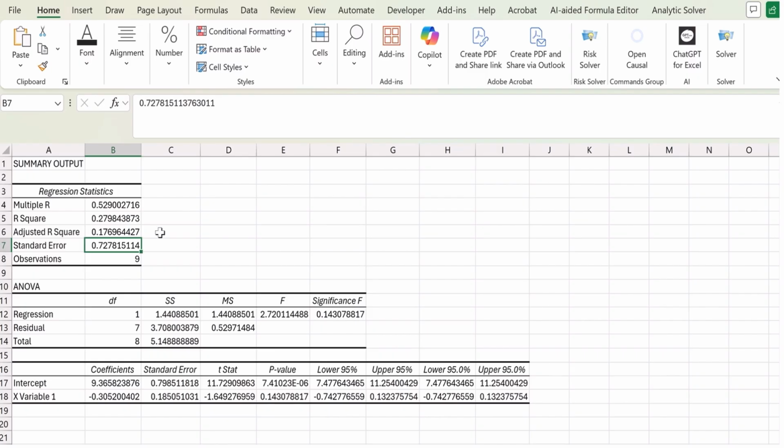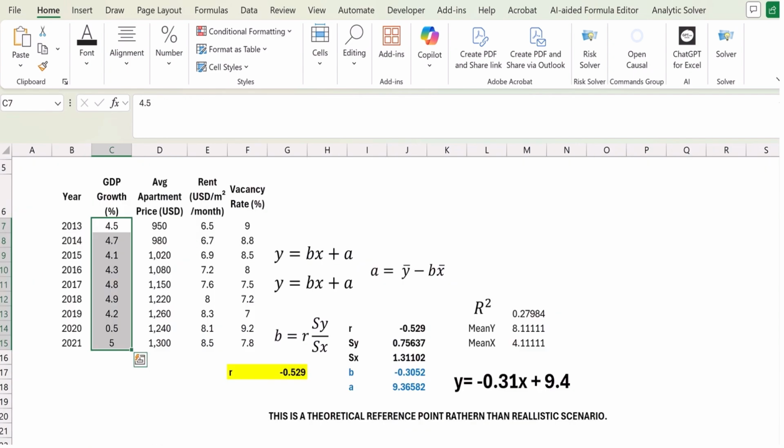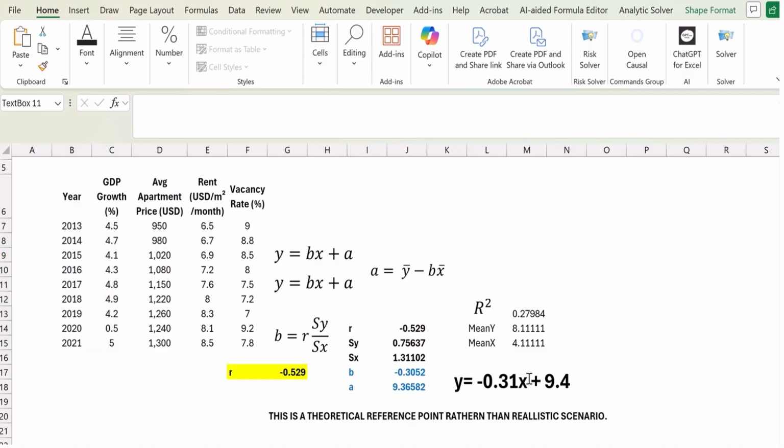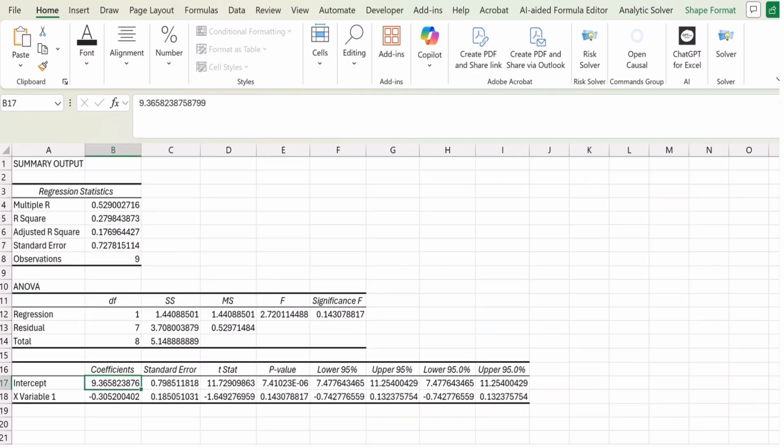So how do we interpret these values? This intercept here, 9.37 if we round up, estimates the vacancy rate when GDP growth is 0. So if we make x 0, this is an estimation of the vacancy rate when GDP growth goes to 0.